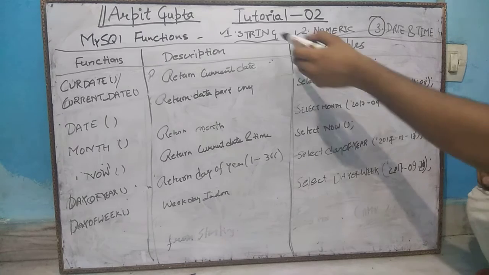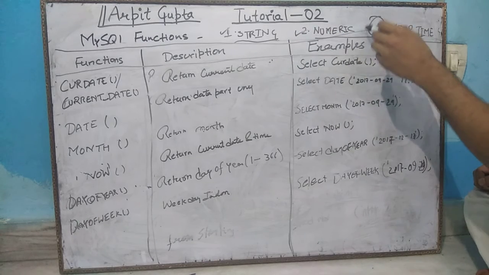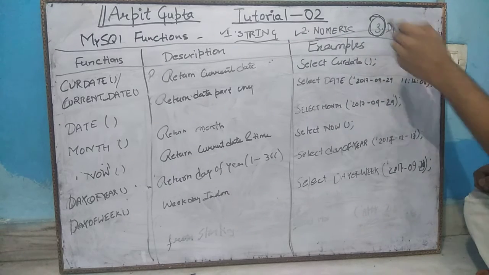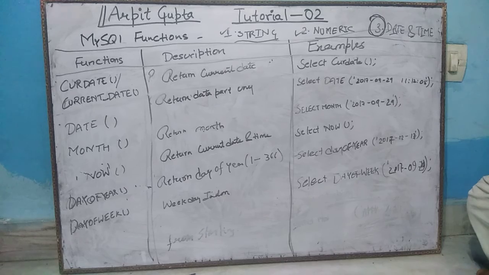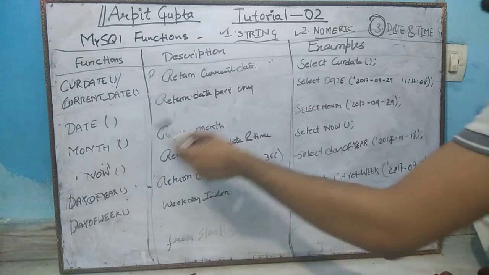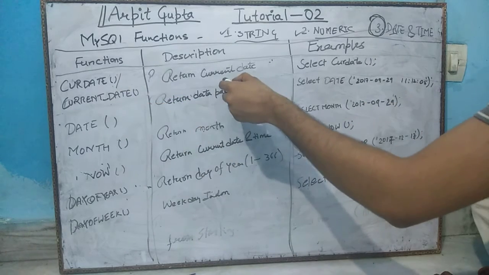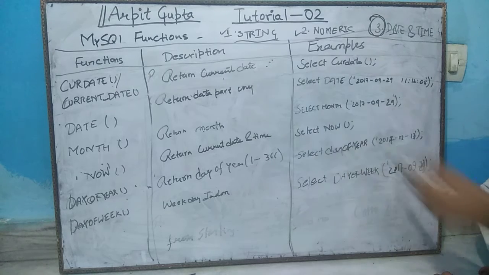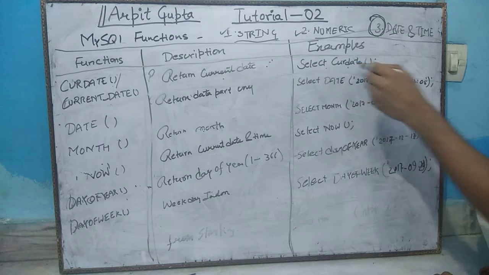MySQL functions, after string and numeric, now we are going to study date and time functions. Current date returns the current date on your system. For example, select current date.